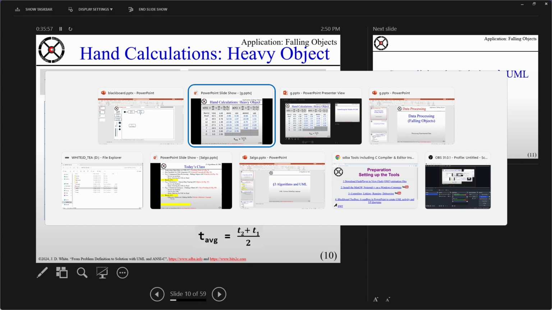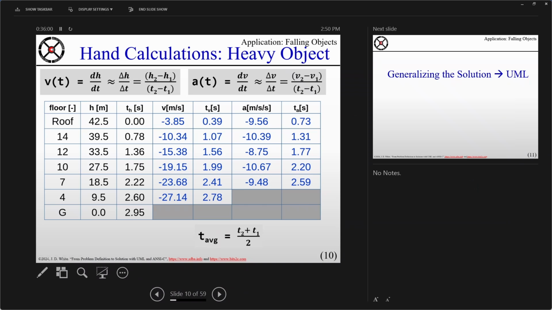And from my working on this, I also need to calculate H2 minus H1 over T2 minus T1 to get my velocity, or acceleration. So I'll probably get another activity to do.